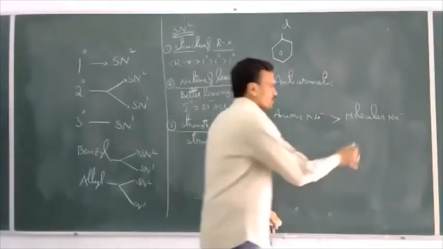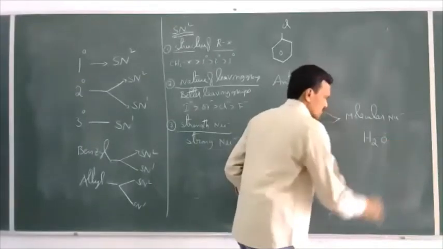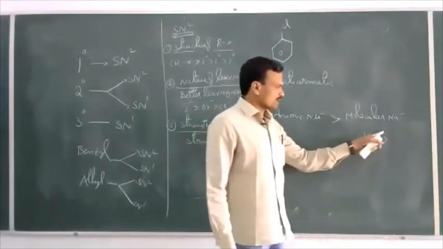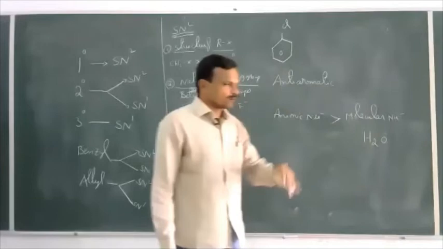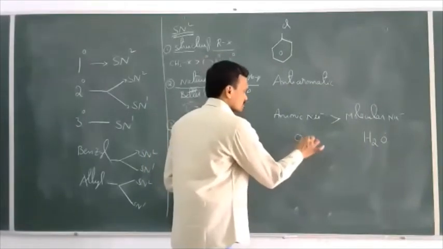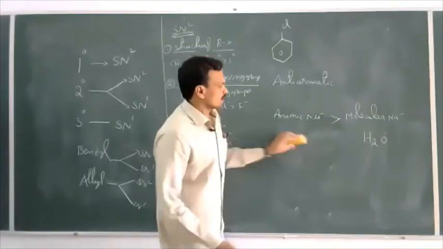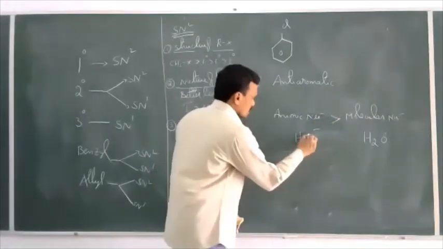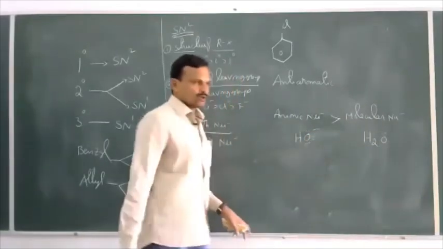So if you take water, water is a nucleophile because it acts as a Lewis base. It has lone pairs of electrons. From H2O, if we remove H⁺, the remaining is OH⁻. Now this OH⁻ contains how many lone pairs of electrons? 3 lone pairs.